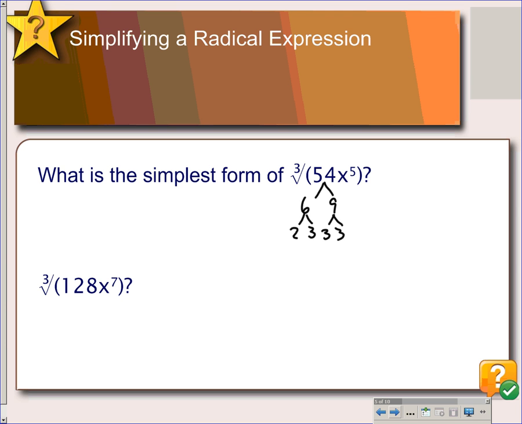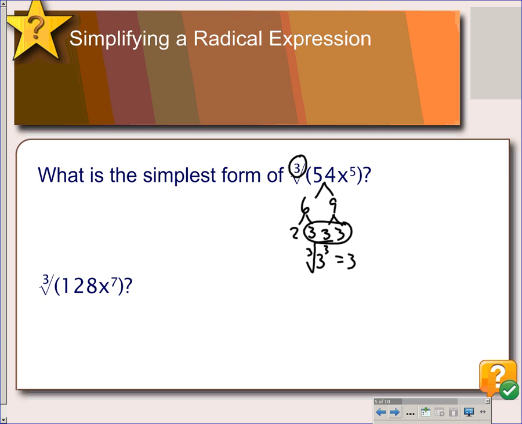So what we notice is that 54 is equal to 2 times 3 times 3 times 3. Since we're looking for a cube root, that means we're looking for groups of 3. Since we have a group of 3, we can take the cube root of 3 cubed, and that will just give us 3.